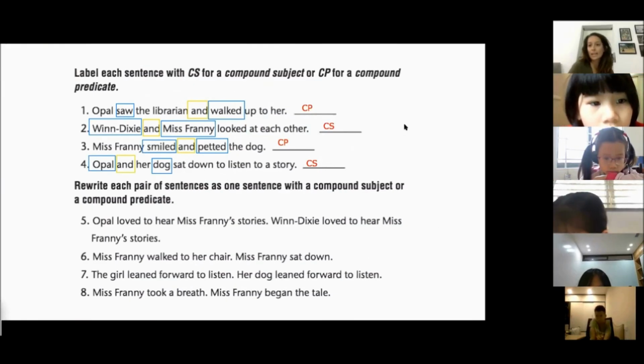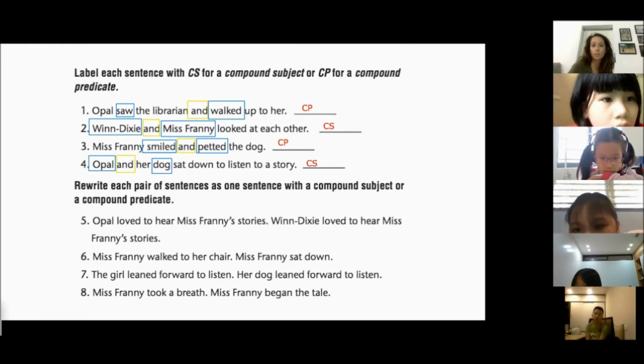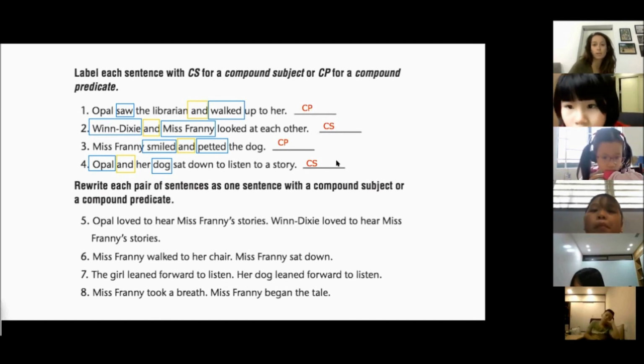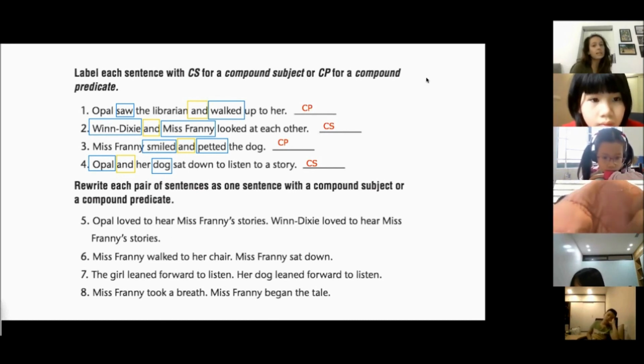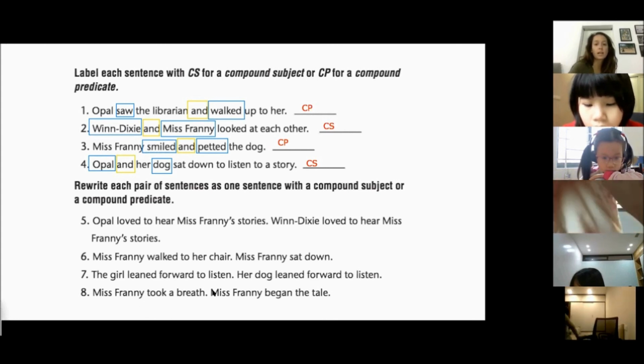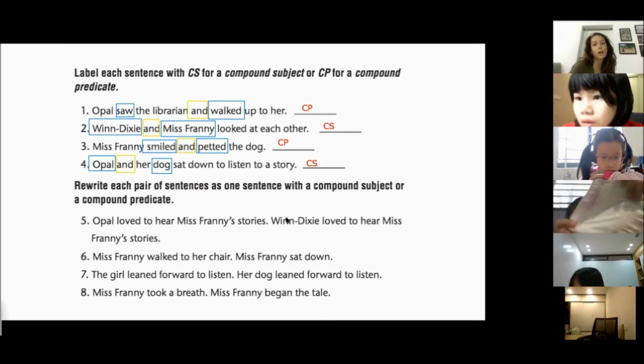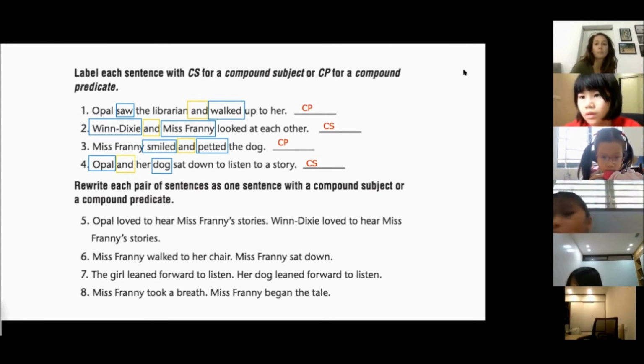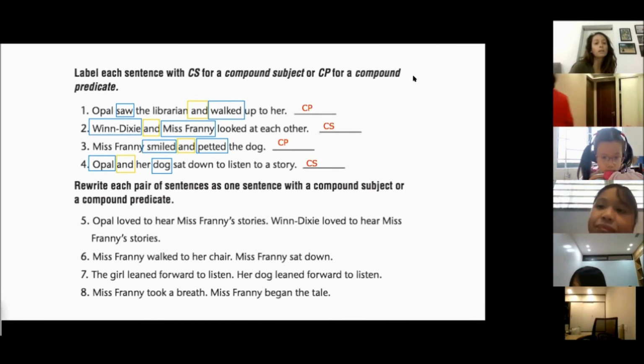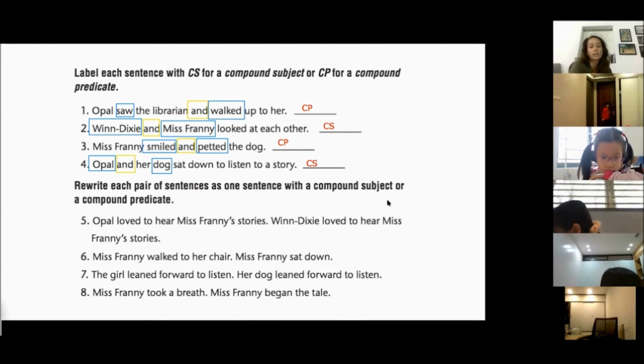So now that we're able to identify compound predicates or subjects, let's see if we can join sentences using compound subjects or predicates. So let's rewrite each pair of sentences as one sentence with a compound subject or a compound predicate. So number 5, Opal loved to hear Miss Franny's stories. Winn-Dixie loved to hear Miss Franny's stories. So in these two sentences, what's the same?